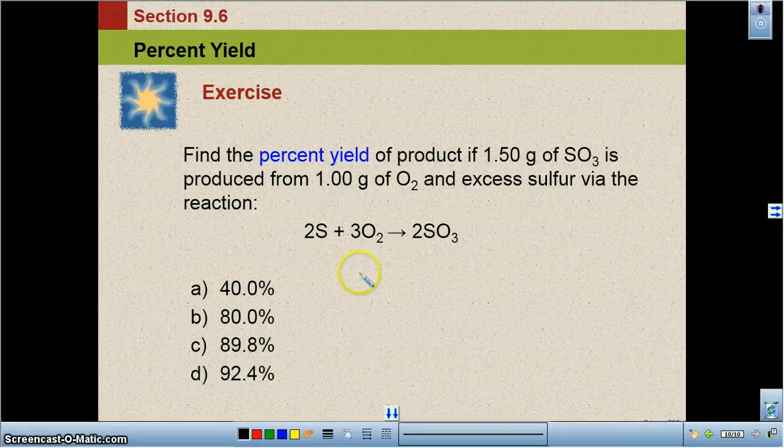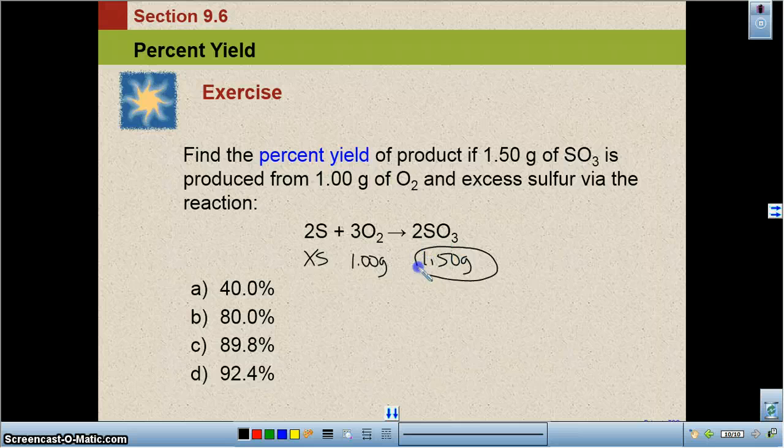It says find the percent yield of product if 1.5 grams of SO3 is produced from 1 gram of oxygen gas, and you have excess sulfur in the reaction. And it wants the percent yield. This number that it gives us here is an actual yield.